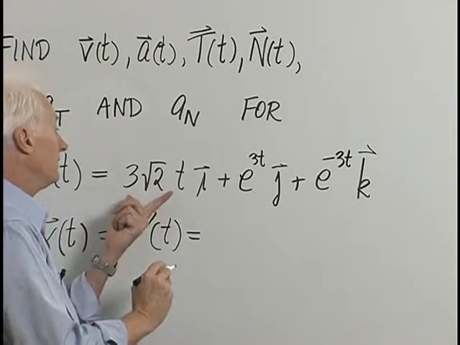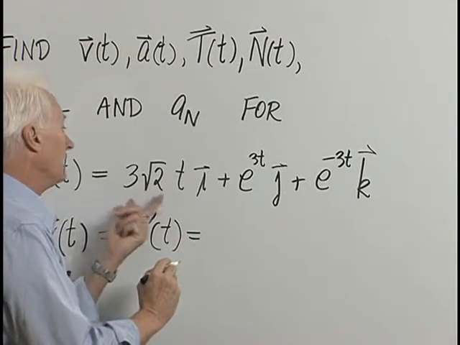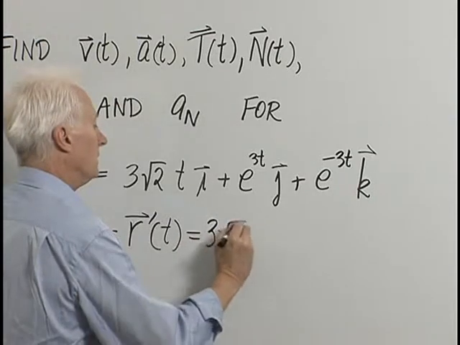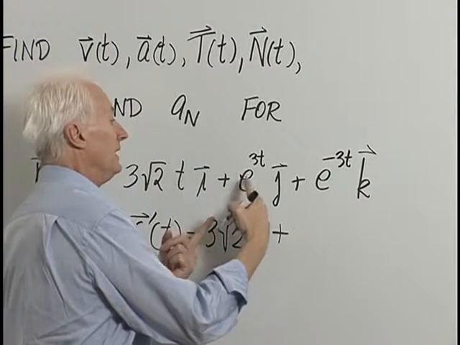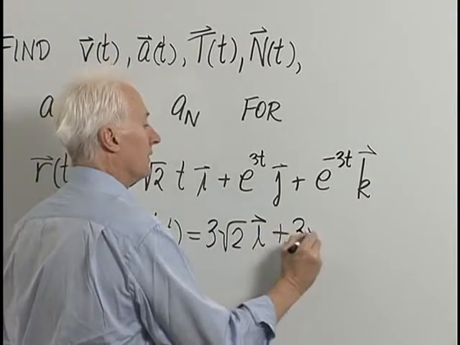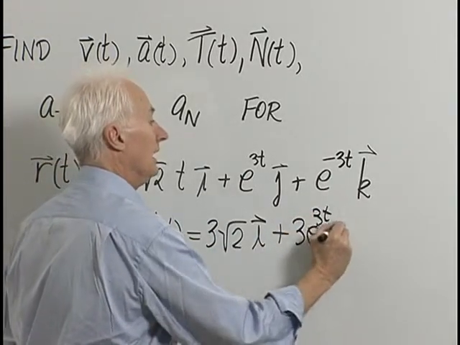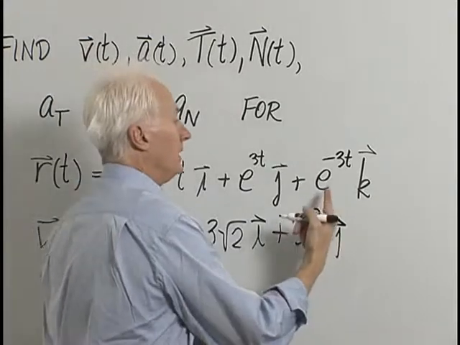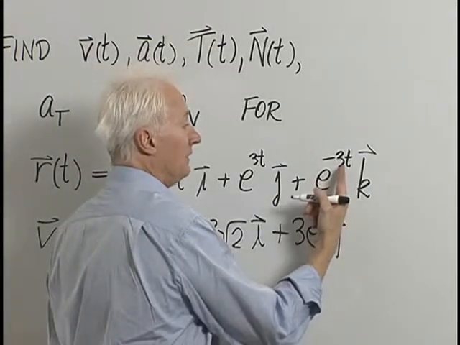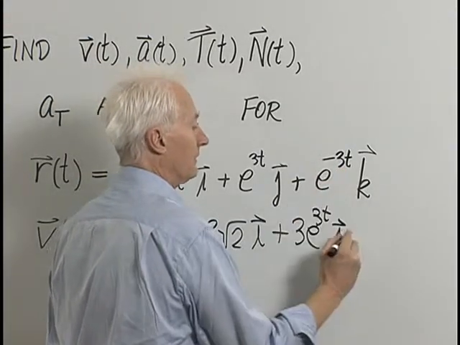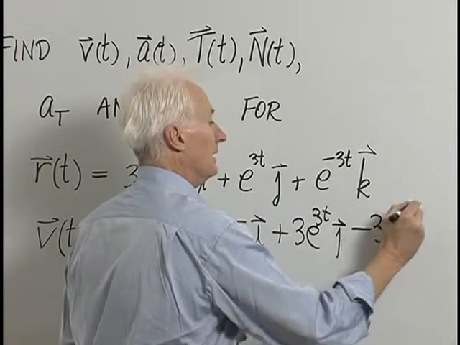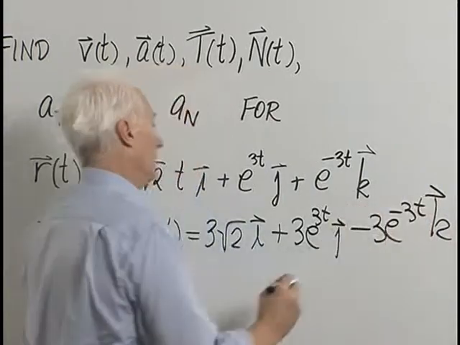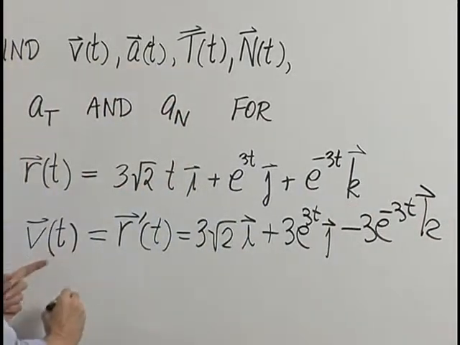So the derivative of square root 2 times 3t is just 3 root 2 multiplied by i, plus the derivative of e to the 3t, that's 3e to the 3t j. And then when we differentiate e to the negative 3t, we get a negative 3 out front. So we have negative 3 e to the negative 3t k. So there's our velocity vector.